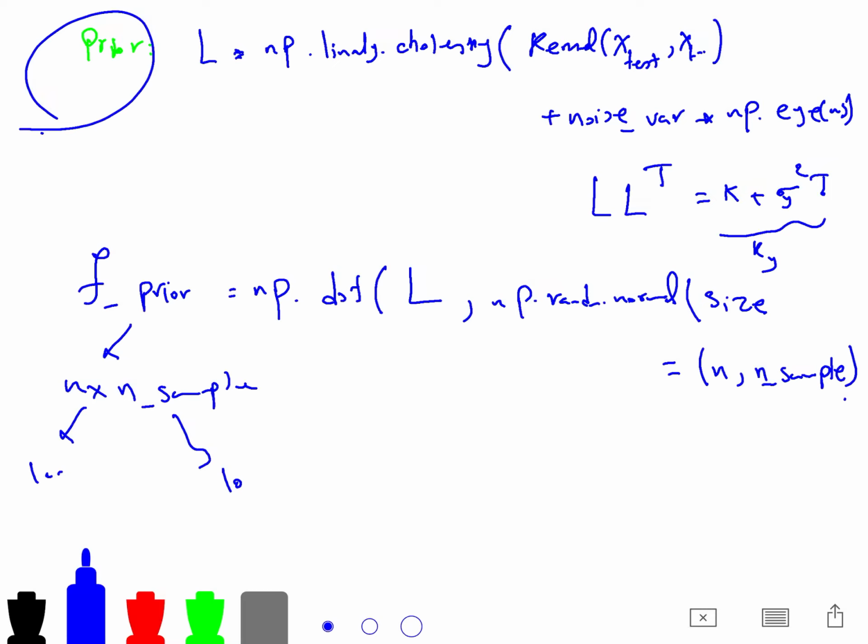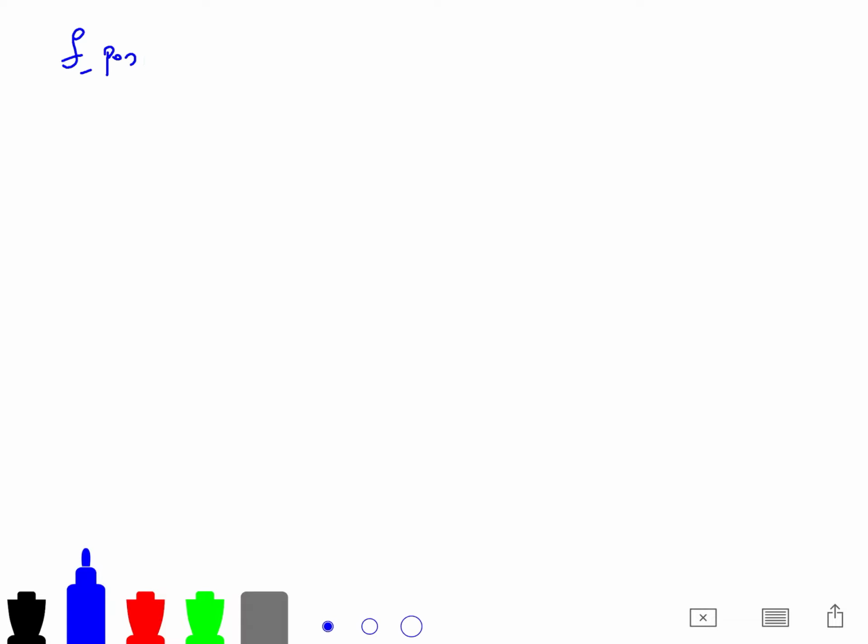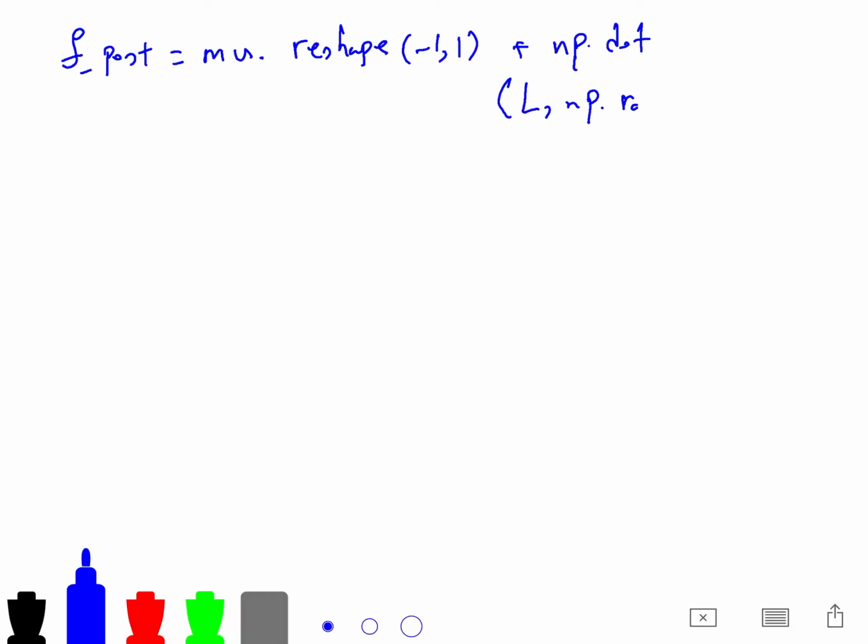So for posterior, you write that f of posterior in Python, you just write this is mu that I told you, and you reshape it because you want it to look like an array, and then np.L, and numpy, you use the numpy library again, dot random dot normal, size is n and n sample like before.